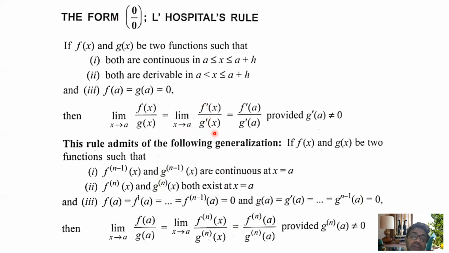But if I get the same 0/0 form again, then we continue differentiating, first derivative, second derivative, third derivative, and so on, until we get a finite value, provided the lower derivative of g(x) at x equals a should not be 0.